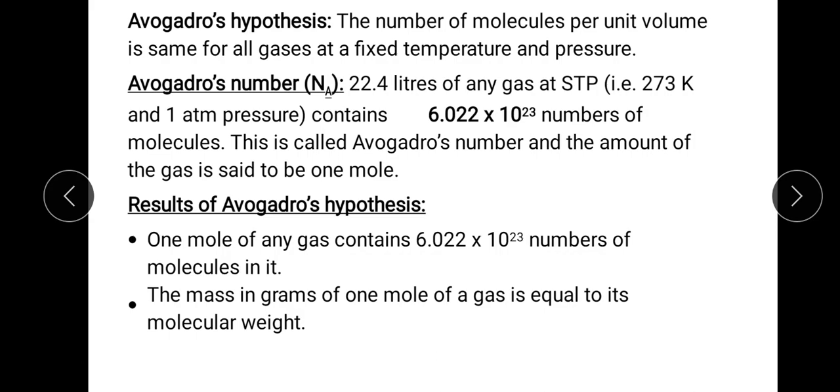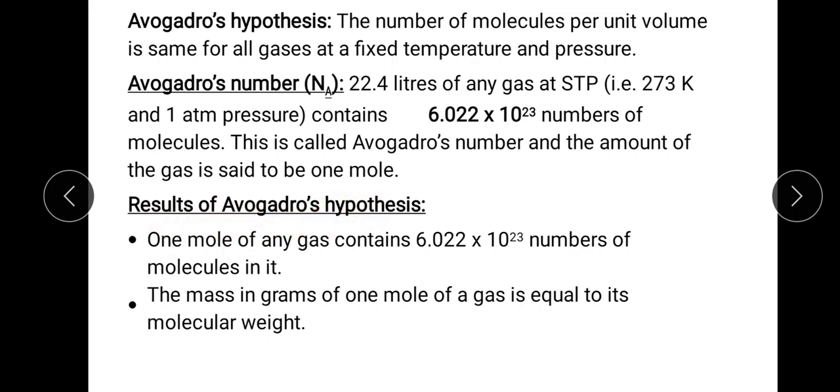The value of the Avogadro number is 6.022 into 10 to the power of 23, and the amount of a gas containing this many molecules is called 1 mole.